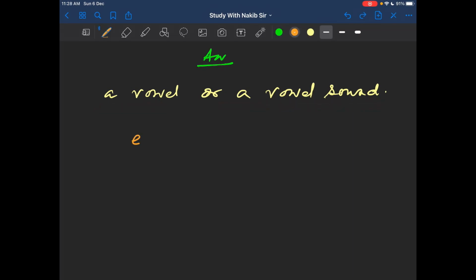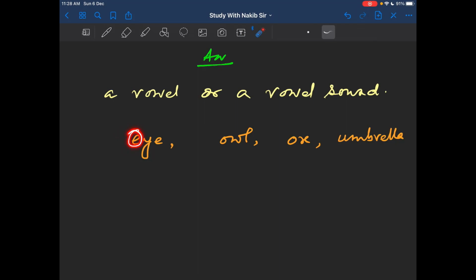Now see the example: eye, owl, ox, umbrella, etc. Every noun here begins with a vowel.